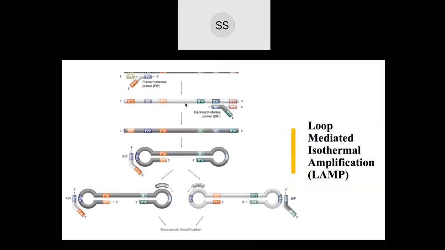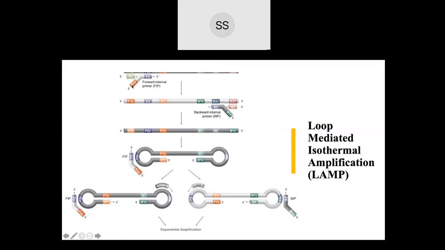So first, talking about loop-mediated isothermal amplification. Loop-mediated isothermal amplification is a process in which DNA or RNA is amplified at an isothermal temperature, and in the presence of 4 to 6 primers, the target is amplified. Talking briefly about the process, as you can see, there are multiple primers already present in the solution.